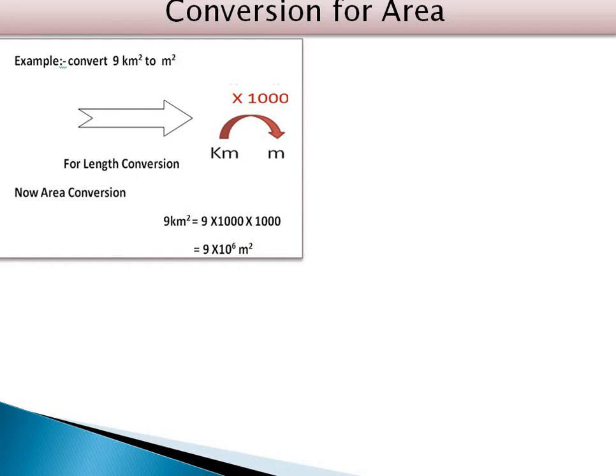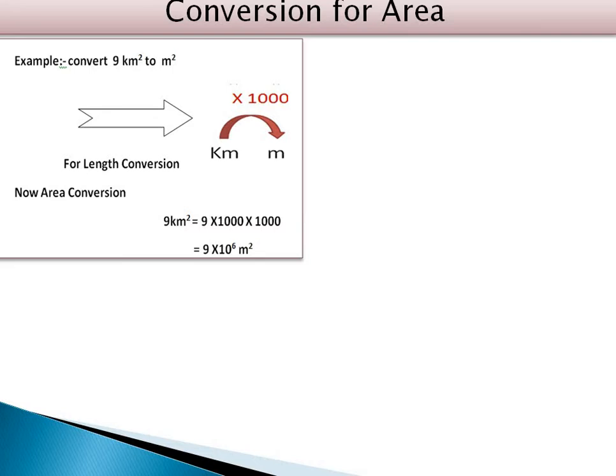Okay, so in a conversion of area, suppose we have to convert 9 kilometer square area to meter square. Then how to convert it? We know that kilometer is to be converted into meter. So 9 kilometer square area is nothing but 9 kilometer into kilometer.